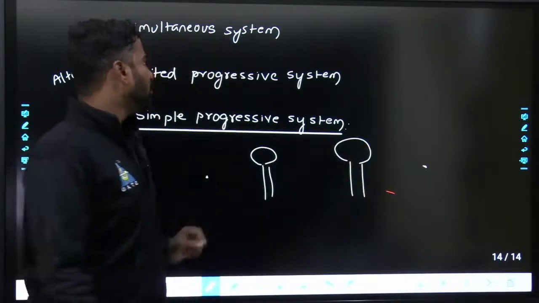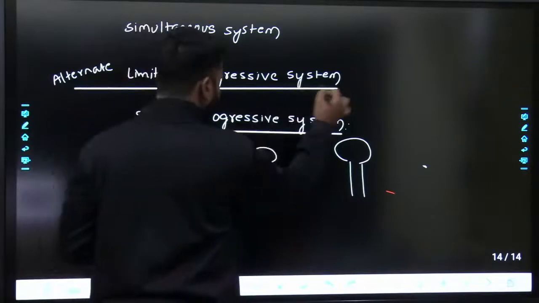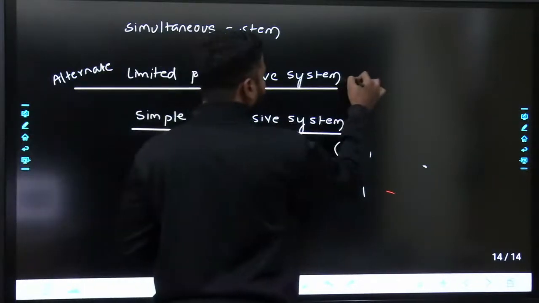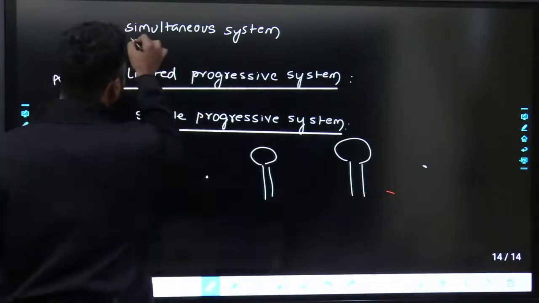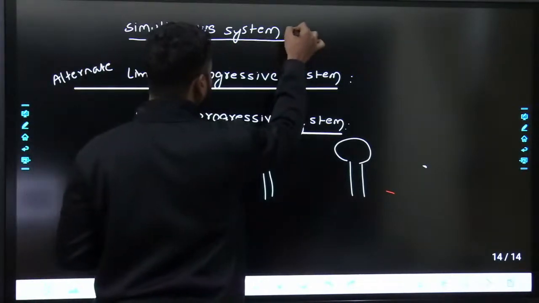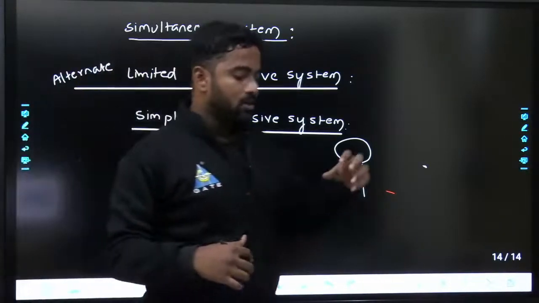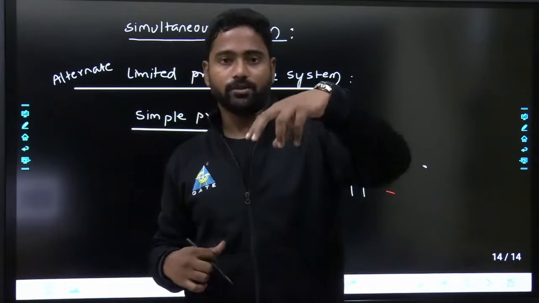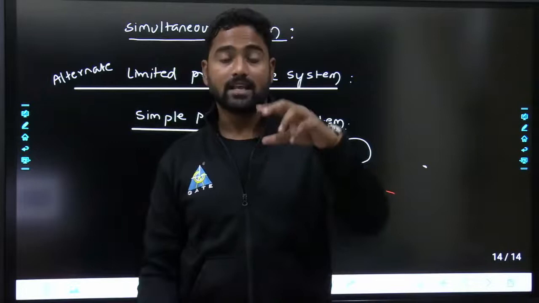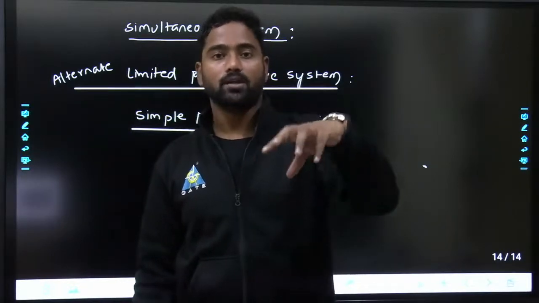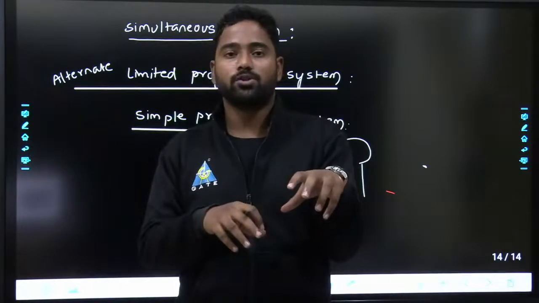And then the alternate or limited progressive system. First we will see the simultaneous system, then you will understand this. In the simultaneous system, at an intersection, all the signals are designed for the same cycle time. That means if one direction is showing 120 seconds, the other direction will also show 120 seconds.